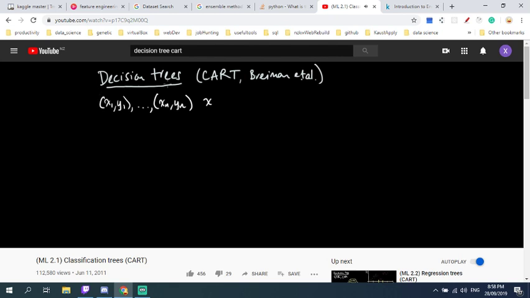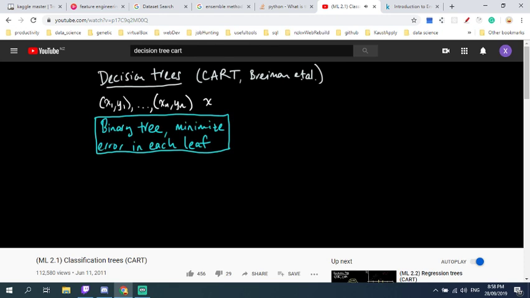The main idea behind decision trees, at least in the CART formulation, is you form a binary tree and you minimize the error in each leaf of the tree. So that's the main idea. I will explain what that means through an example.